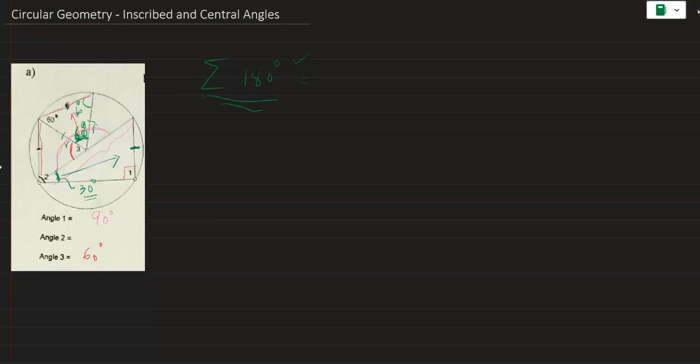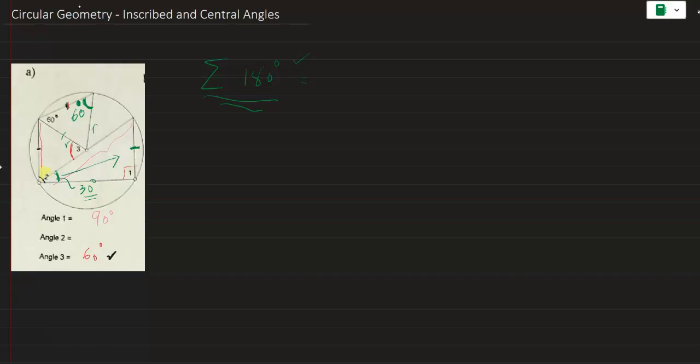Now we need to find the last part, which is right here. Then we will add that part to the 30 degrees and we get the total angle. To get this angle right here, the first thing we need to do is pay attention to the fact that angle 3 we know is 60 degrees.